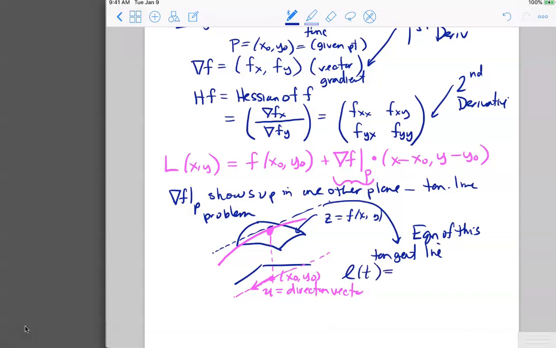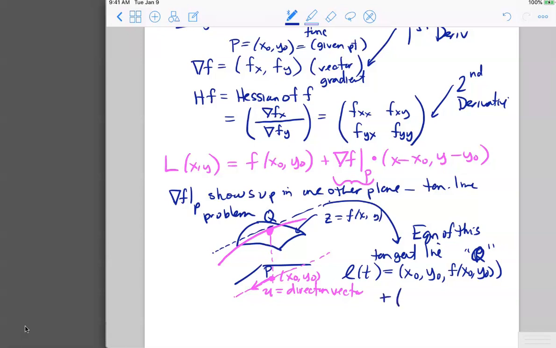We're going to make a parametric function, so a line is a one-dimensional object. We're going to put the function at the point x naught, y naught. So that is the equivalent of our point P on the surface. Maybe let's call it Q. Here's our point Q on the surface, and here's the point P down in the xy plane.